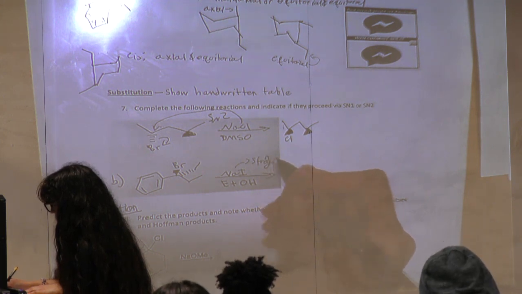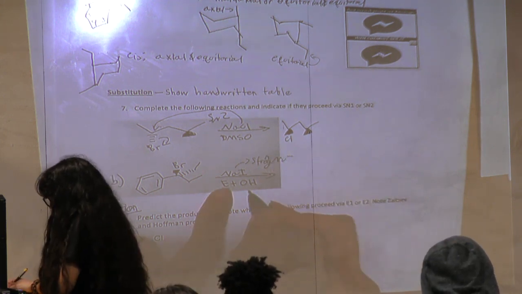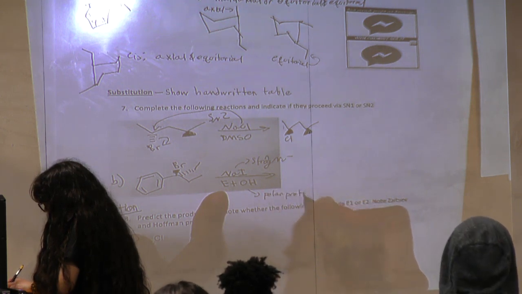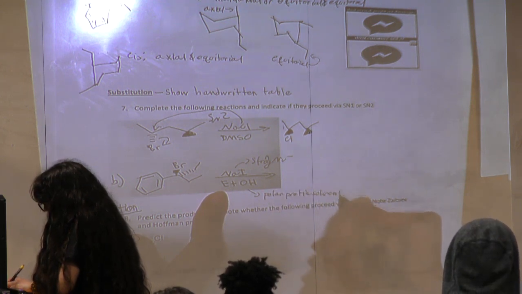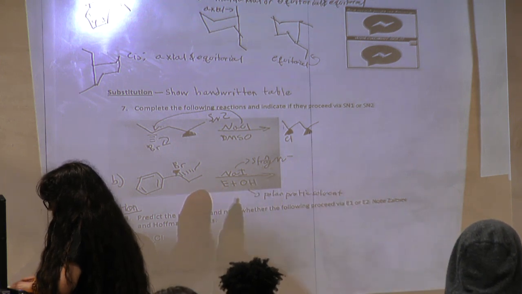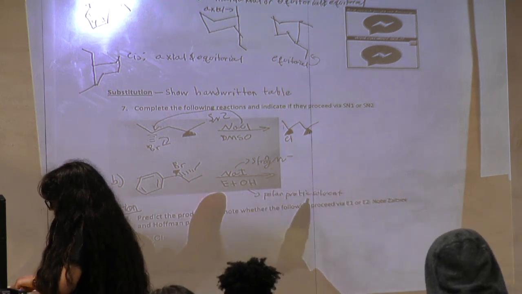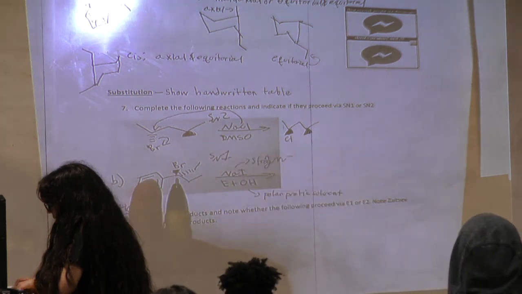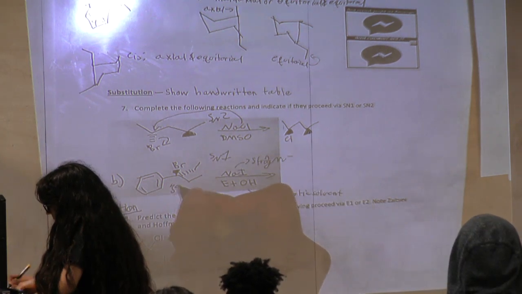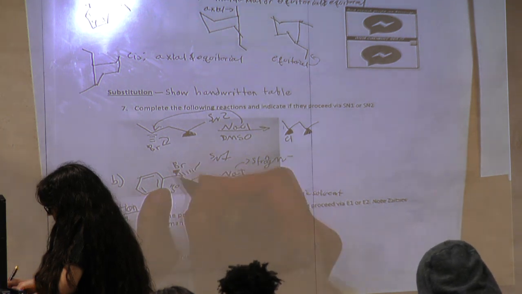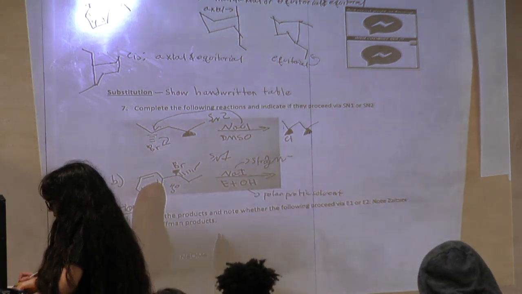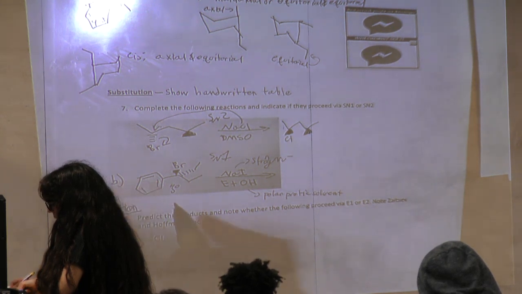But this is a polar protic solvent. So we have a strong nucleophile, but it's paired with a polar protic solvent, and that's going to make this an SN1 reaction. What else makes it SN1? This is a tertiary structure. So SN2 doesn't occur on tertiary structures, it's only on secondary or primary.